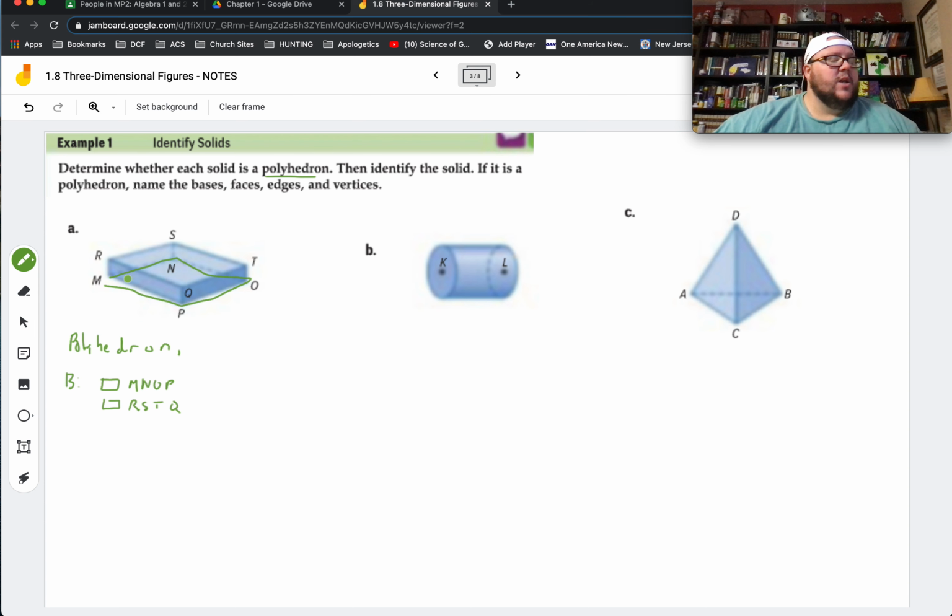The faces are these parts here. So let me do that in a different color. We'll go black. These parts here are the faces all the way around. So there are how many faces? And the bases also count as a face as well. So there's 6 faces. So faces, we have rectangle RQPM.